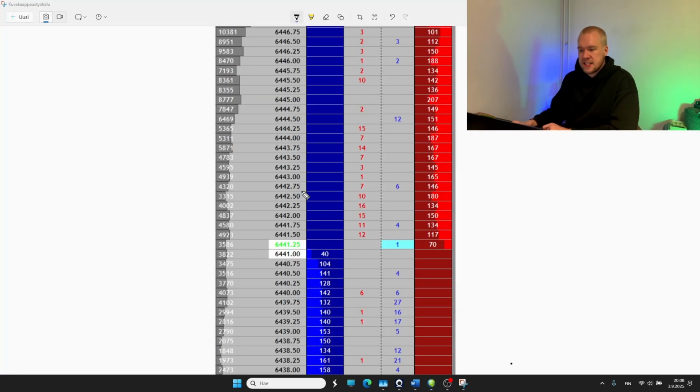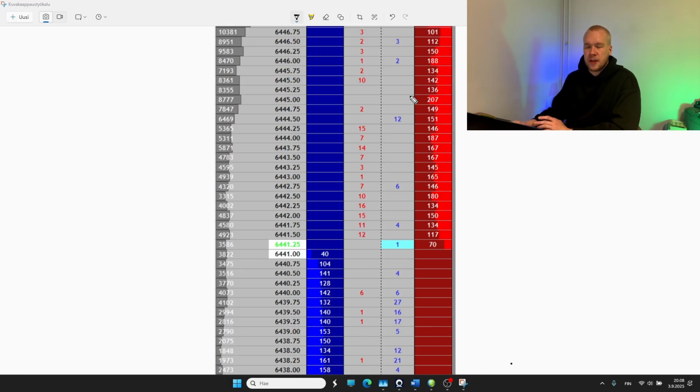This is the screenshot of the previous market and I'm going to go over this very fast. If you want a more detailed explanation, watch my price action video. There I go into more detail on how you can read this and how price action actually works.